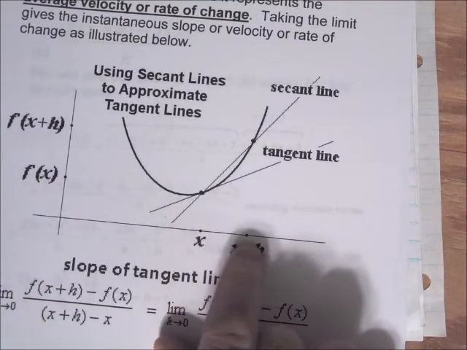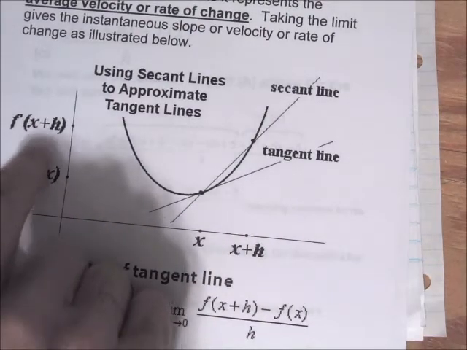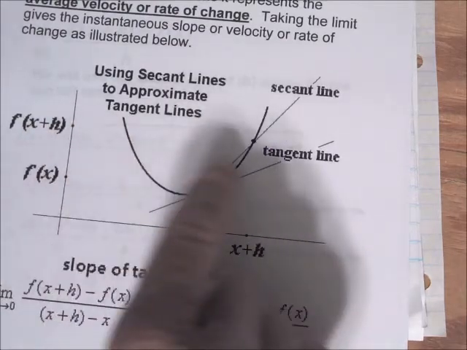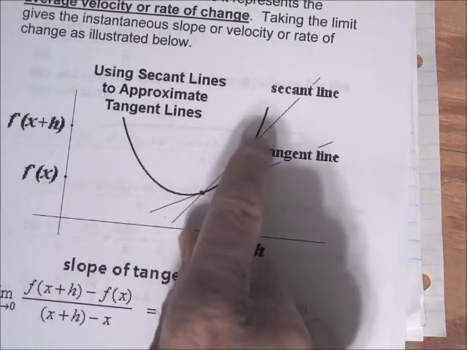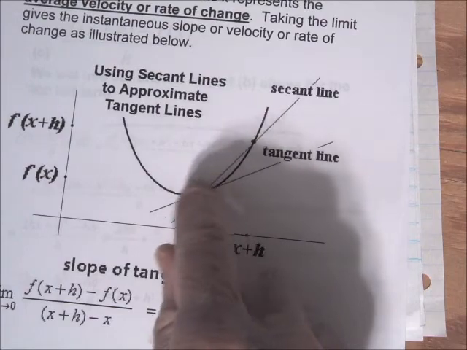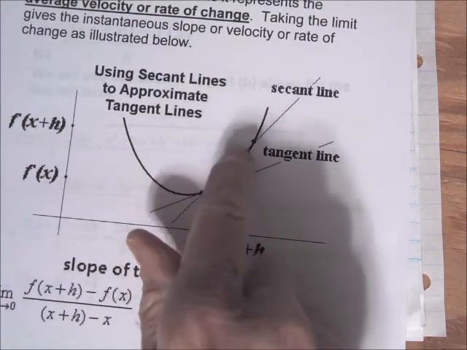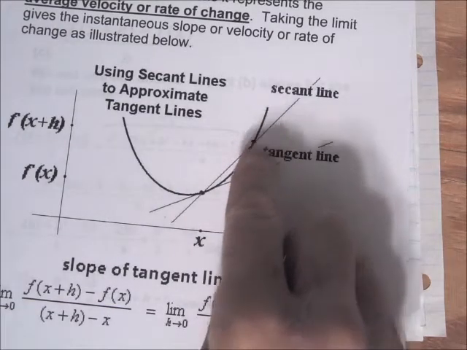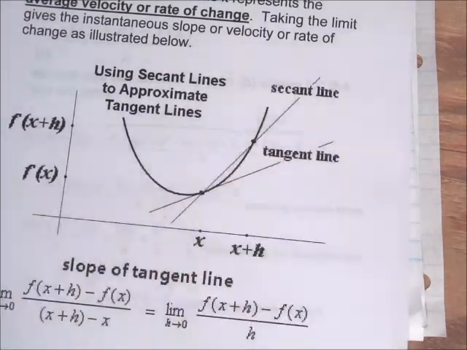So I have two x values here, x and x plus h, and the two y values, f of x and f of x plus h, and the darker curve here is the function f of x. This is a different function f of x, but this is for purposes of illustration.